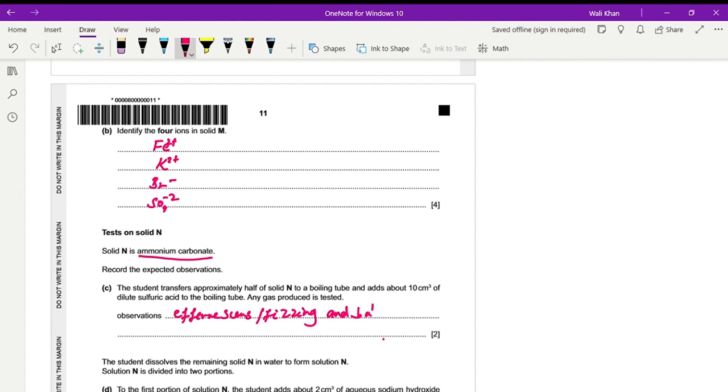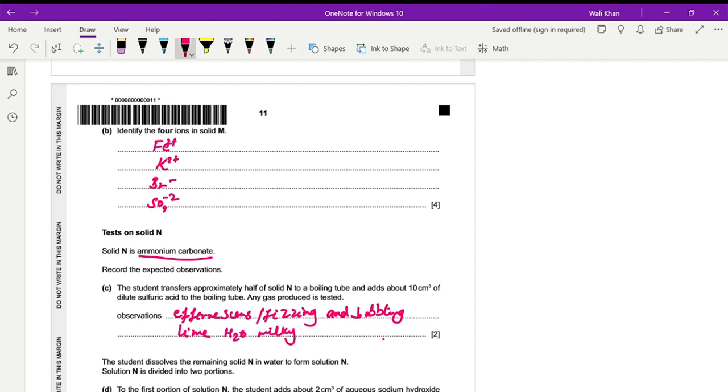So it indicates that gas is produced. And it also turns lime water milky.